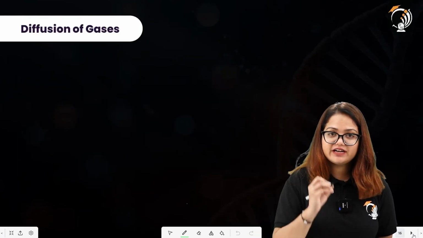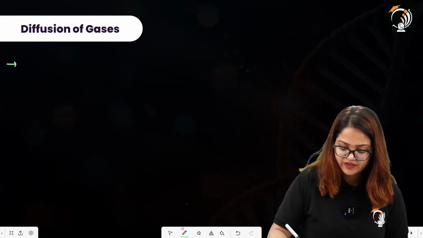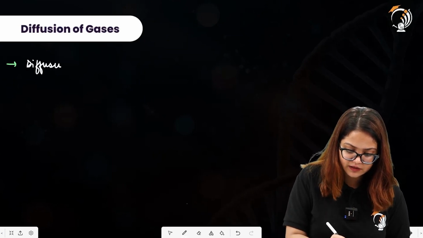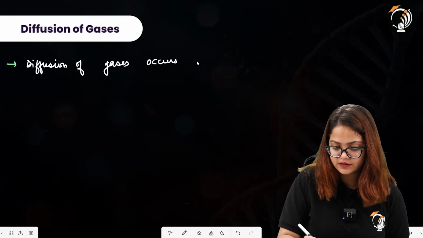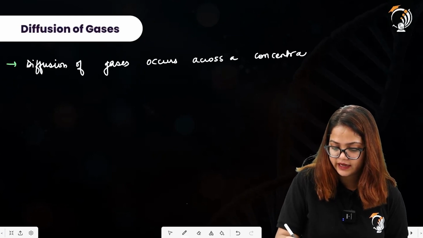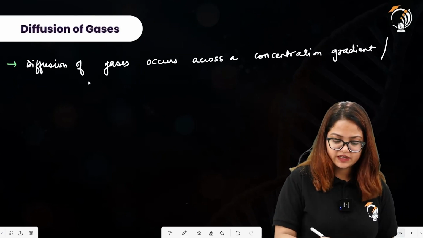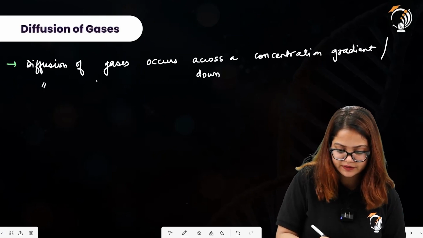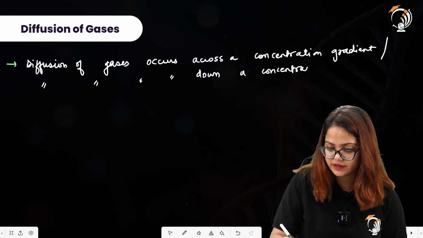Since we have already discussed the main pointers, you can also write down that the diffusion of gases occurs across a concentration gradient, or you can also say down a concentration gradient.